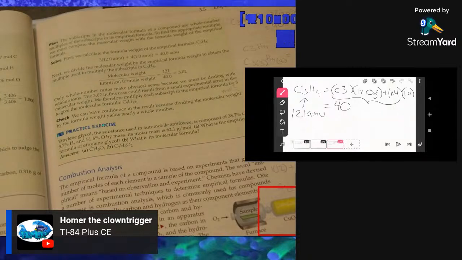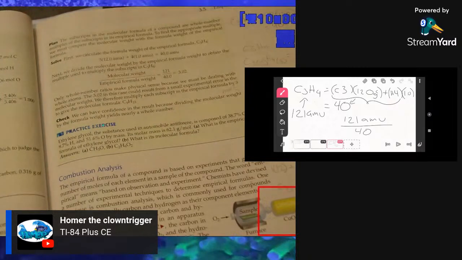So now what we could do is take the 121 AMU divided by the 40 from right here.